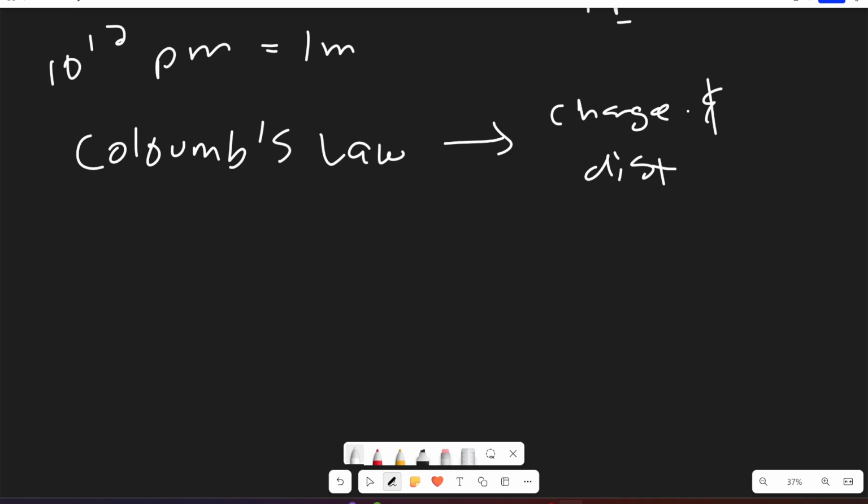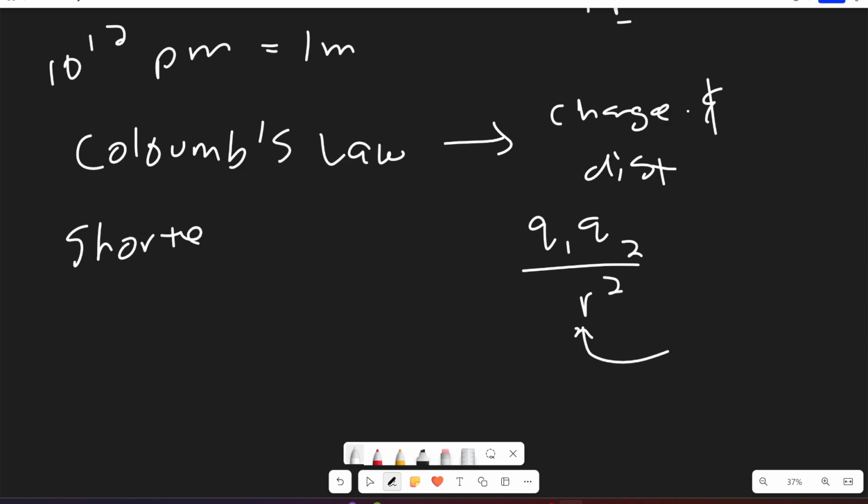If you remember, Coulomb's law is something like Q1 Q2 for the charges over r squared. The longer the radius, the smaller the level of attraction will be. So essentially, what we can say from that is that a shorter bond will be a stronger bond.